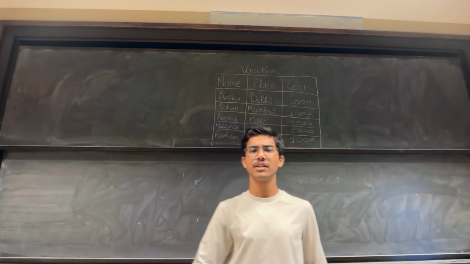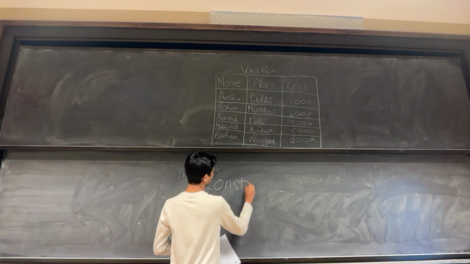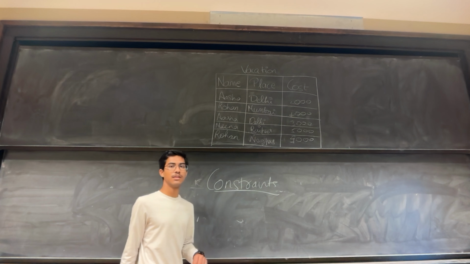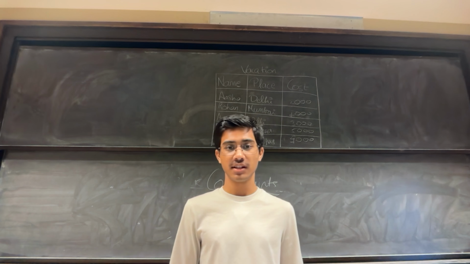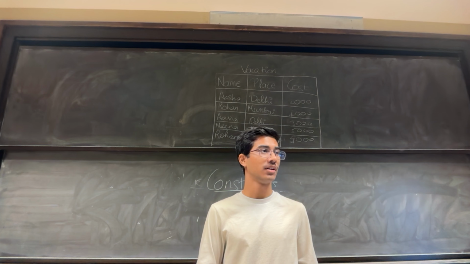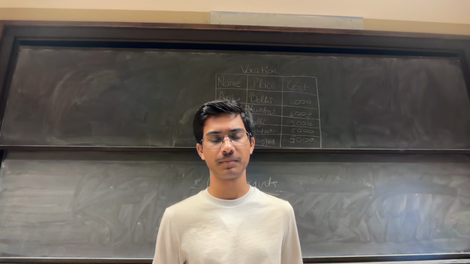When I say constraints, what comes to your mind first? Think about it. When I say constraints, the first thing that comes to your mind is probably restrictions, some kind of rule, right? Something that restricts you from doing something.